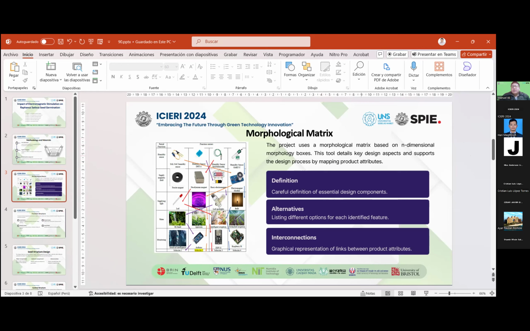This tool details key design aspects and supports the design process by mapping products' attributes. Definition: careful definition of essential design components. Alternatives: listing different options for each identified feature. Interconnection: graphical representation of links between products' attributes.